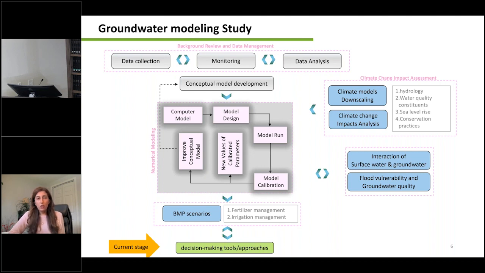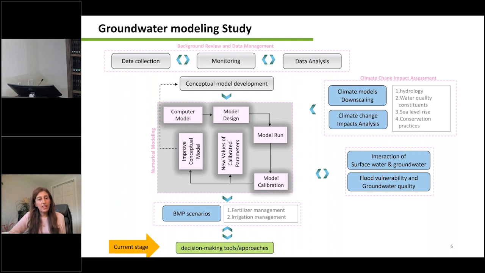And then data analysis. Since we already have data for some areas in Central Florida, we have finished the data analysis for them, and we have developed our first model in Central Florida in the area of Harney Pond Canal.